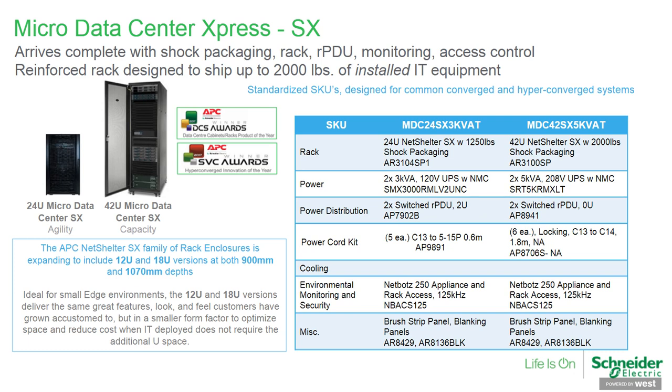And these are ideal for the small edge environments, and they also have extended links from 900 to 1070 millimeters, which accommodates specifically Lenovo and Cisco, who have some rather long x86 servers in their new portfolios. So we wanted to be sure to address that and have these be able to fit those servers.